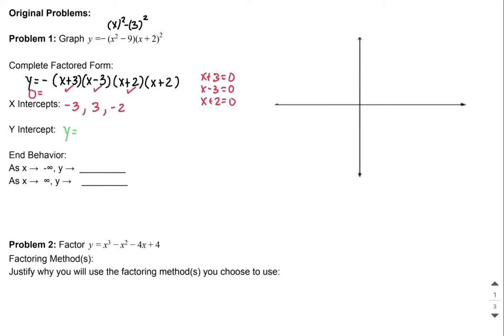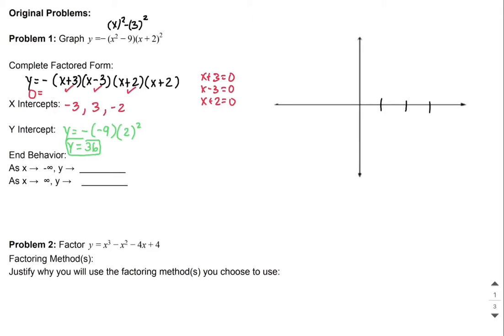So I have that negative in front times 0 minus 9, which is negative 9, times x plus 2, which is 0 plus 2, so 2 squared. When I work this through, negative 9 is positive 9, and I have 9 times 4, which gives me positive 36. So my y-intercept is going to be 36.